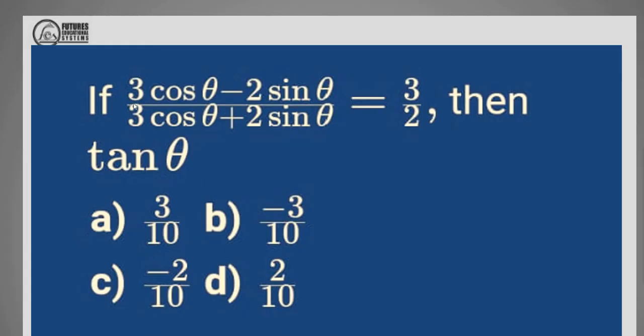Let's go to this example. If 3 cosine theta minus 2 sine theta over 3 cosine theta plus 2 sine theta equals 3 over 2, that's the given. Then tan theta equals what?